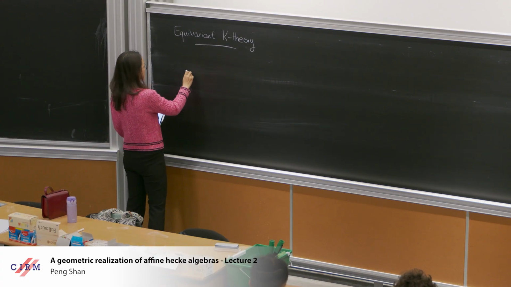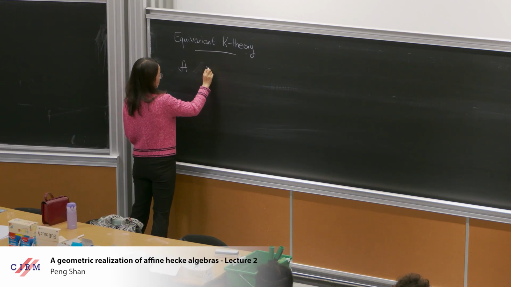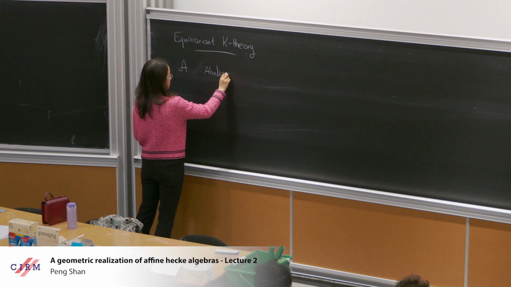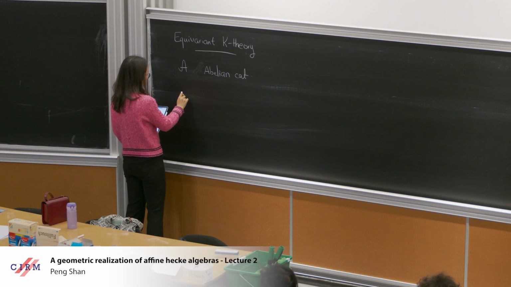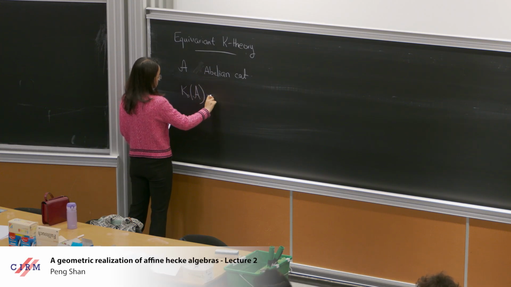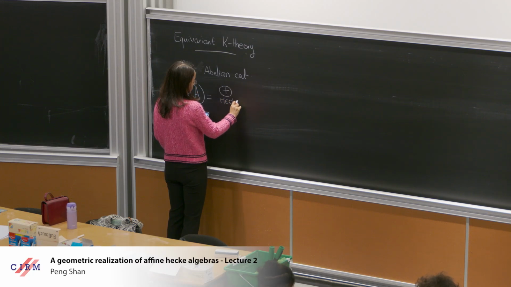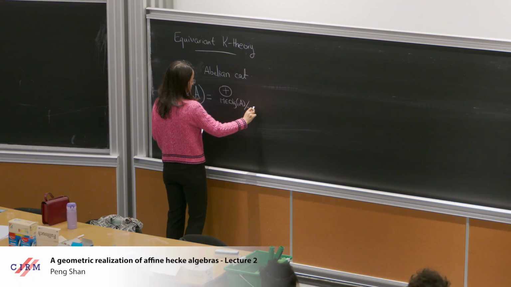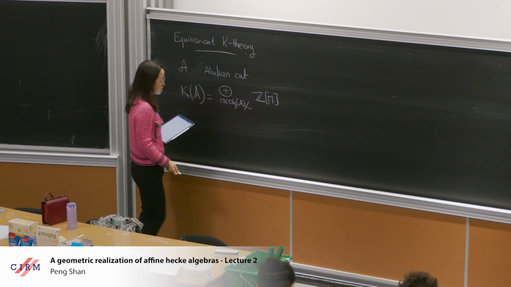Okay, so if we have an abelian category A, then we can define its Grothendieck group. It's the Z-module freely generated by isomorphism classes of objects in your category. The classes, I will put them in brackets.